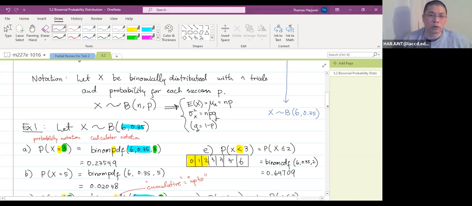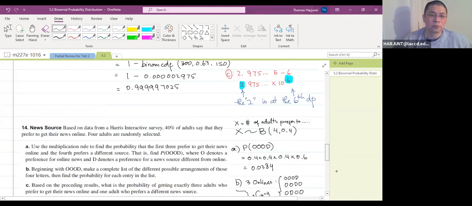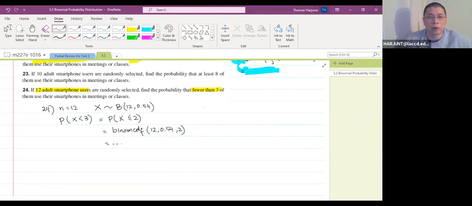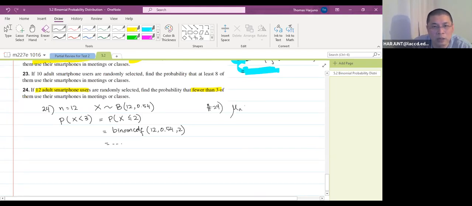Now, let's scroll down. For example, number 24 here, if I ask for the mu instead, it will be 12 times 0.54, which is 6.48.